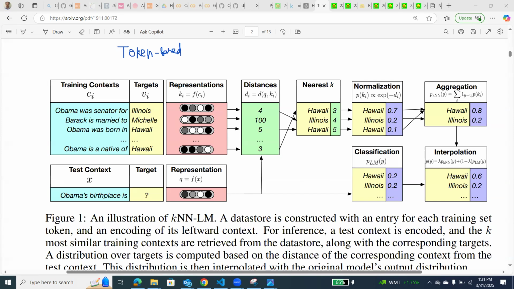So let's say we have what we want from the model. We want the model to provide correct facts. For example, this is the question of Anna's birthplace. But there could be also another example.